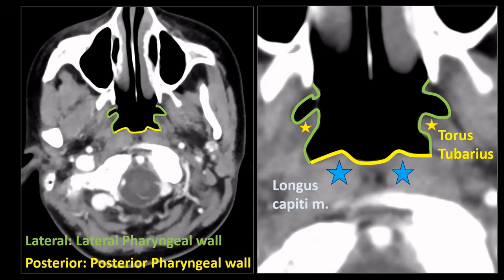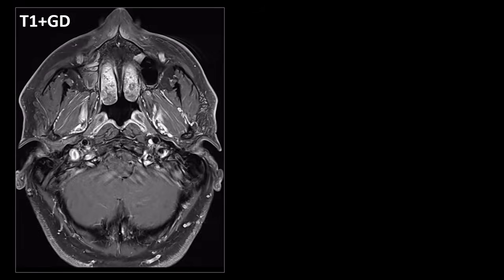So here I call them the longus capitis. Longus capitis is located immediately underneath the skull base, and the longus colli is located a bit lower, anterior to the cervical vertebra. Okay, so we have these very conspicuous anatomical landmarks, which we can always see in a normal nasopharynx on imaging studies.